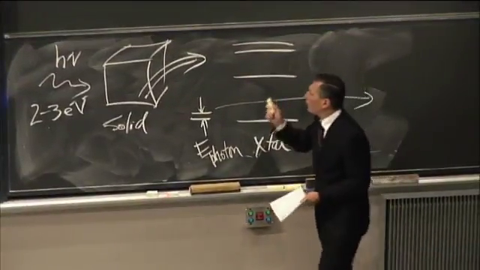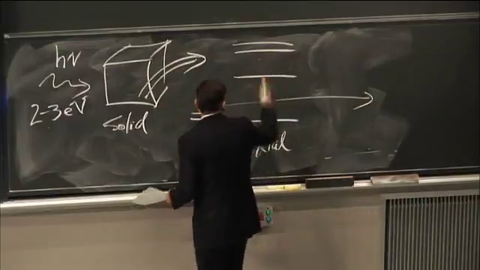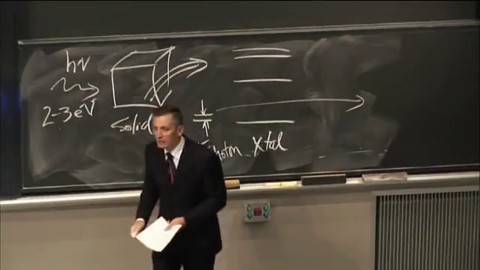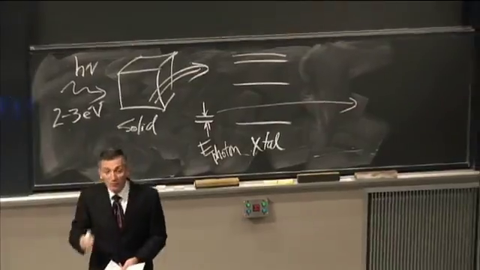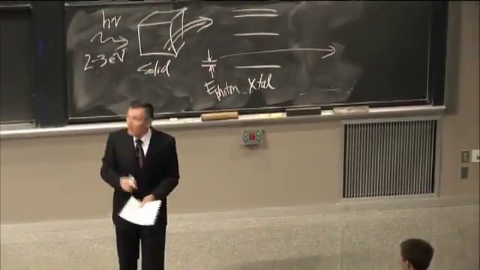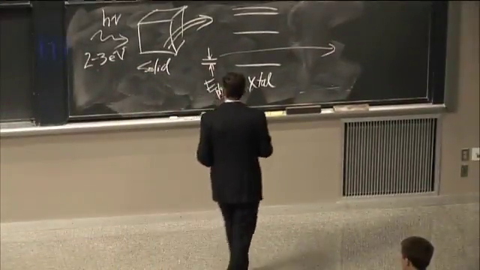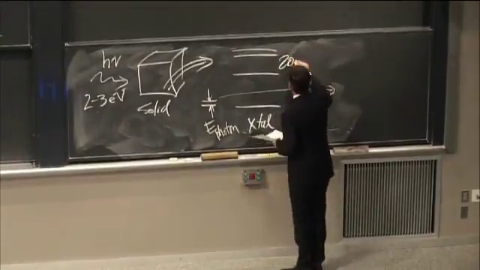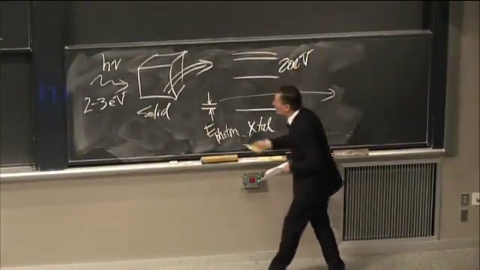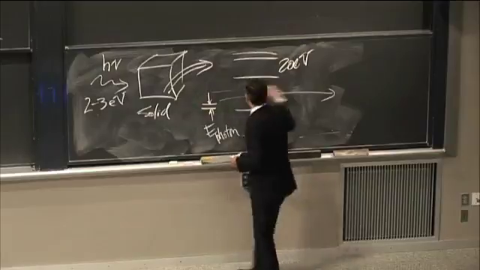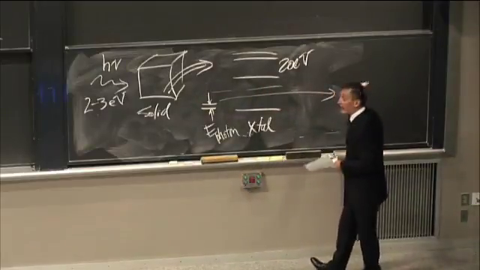Now, what do I know about the binding energy and the energy level diagram of Na+? Well, it's isoelectronic with neon. And I know that neon has an average valence electron energy of about 20 electron volts. So my guess is the visible light is not going to do anything. And so it just passes right on through.